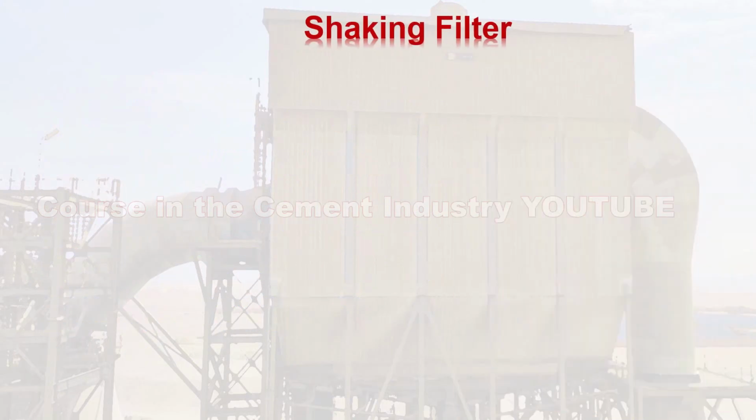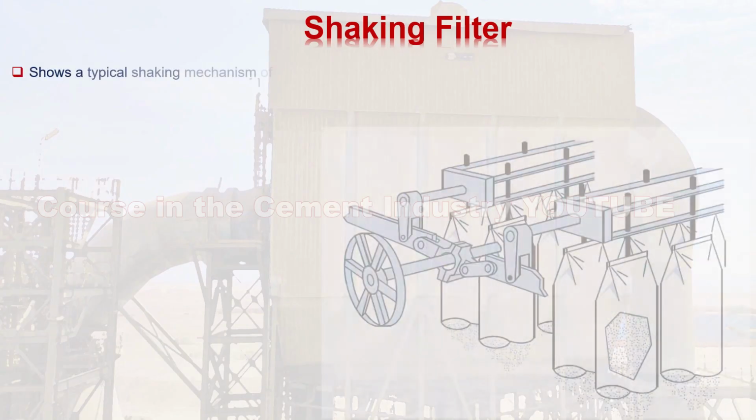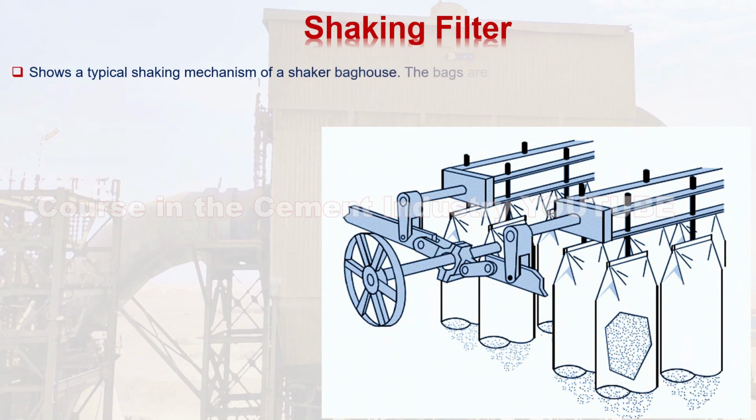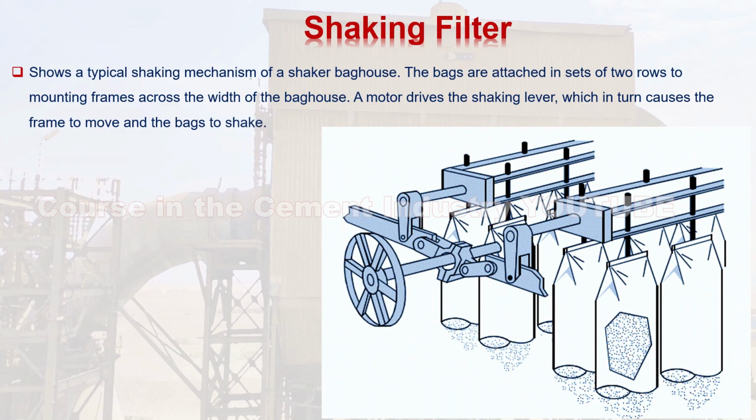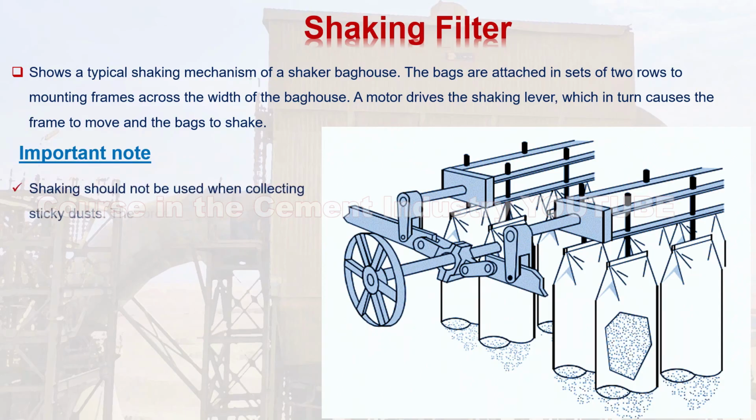Shaking filter. This shows a typical shaking mechanism of a shaker bag house. The bags are attached in sets of 2 rows to mounting frames across the width of the bag house. A motor drives the shaking lever, which in turn causes the frame to move and the bags to shake. Important note: shaking should not be used when collecting sticky dusts.